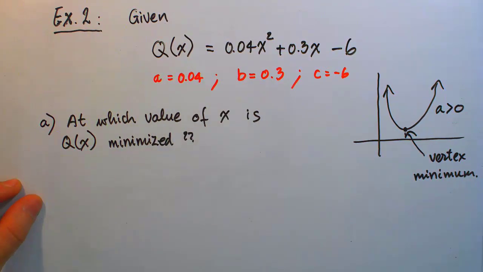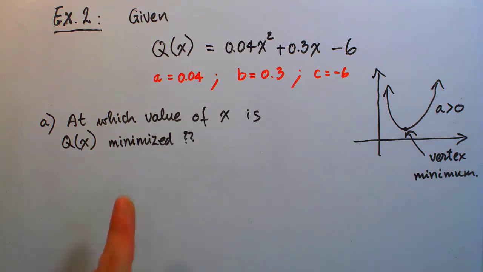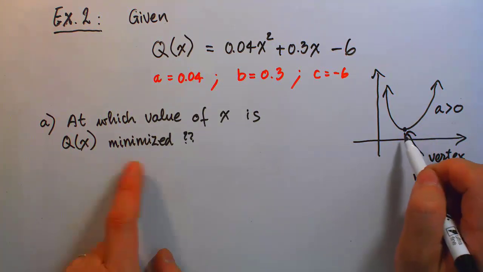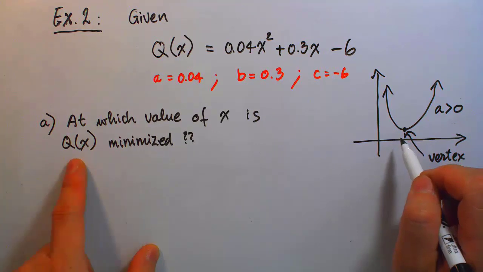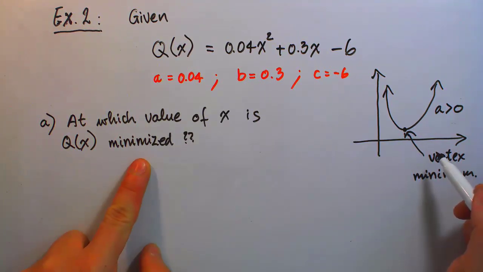All right, and so once again, similar explanations that I can be presenting here. Minimized here refers to the y value, the output value of your q of x function, being at its lowest value.